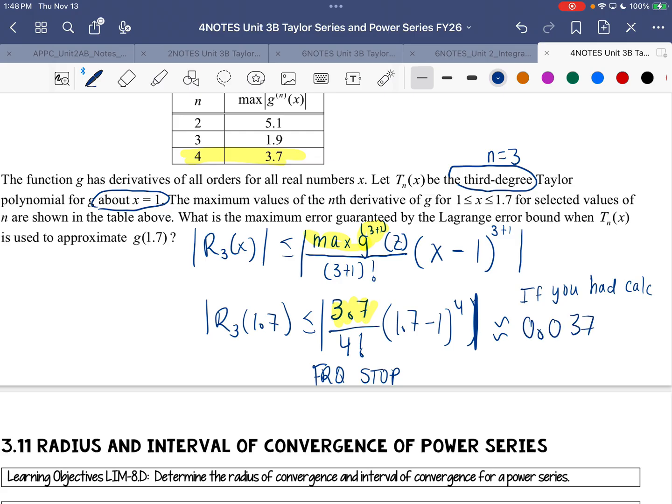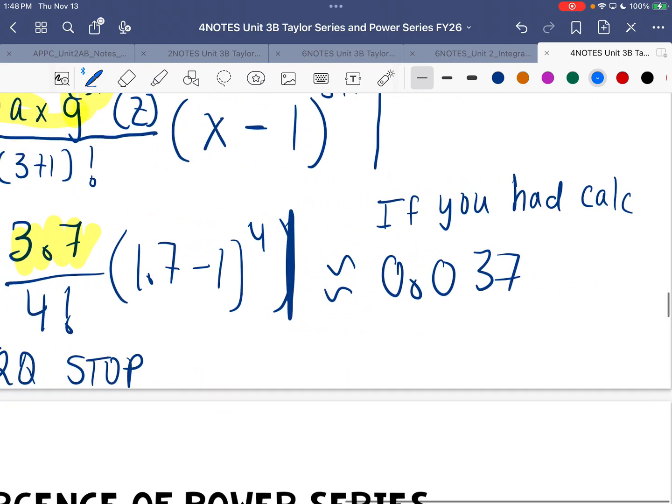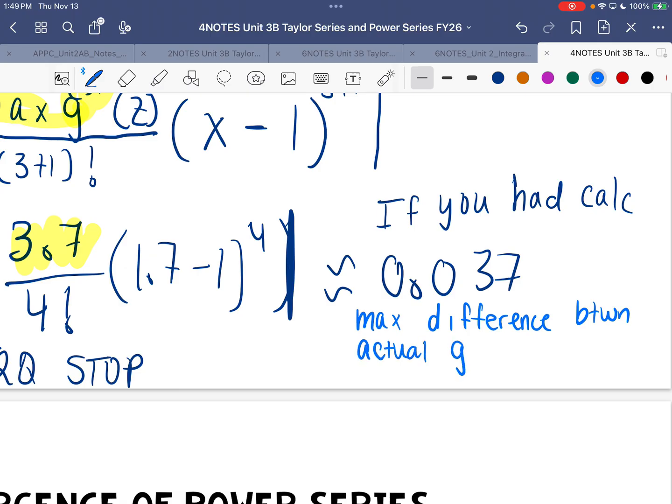0.037. This is the maximum distance or difference between the actual value and our estimate.